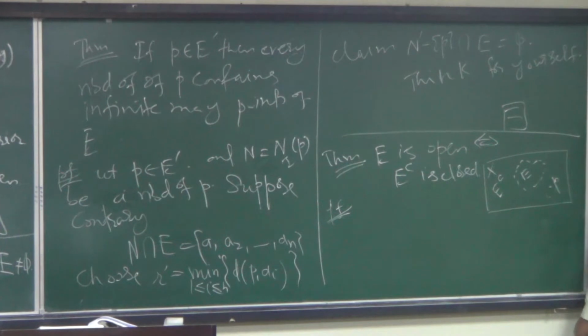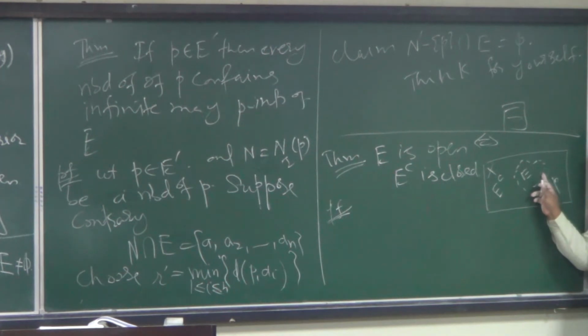If it is here, what does it mean? I can draw a ball which intersects with E complement at loads of points. And how about if I have this P on this dotted line? It also means the same: if I draw a ball around it, it's going to contain loads of points.